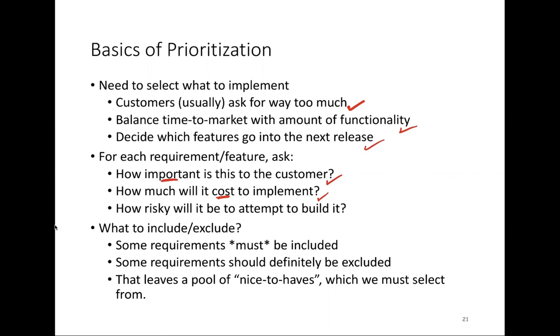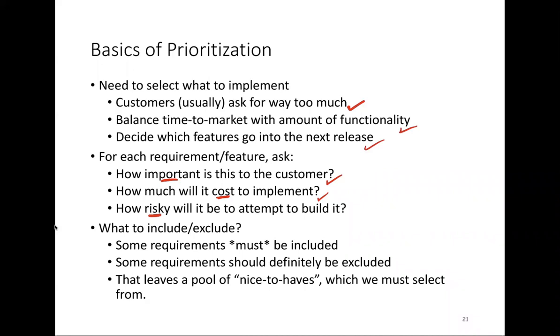Also, maybe it's not only about the cost and the value, it might be about the risk. So you need to collect information about how risky it will be to attempt to build it. Is it low risk? Is it high risk? That's part of the feature selection, by which you identify if a requirement is of high priority, low priority, or even neutral priority.